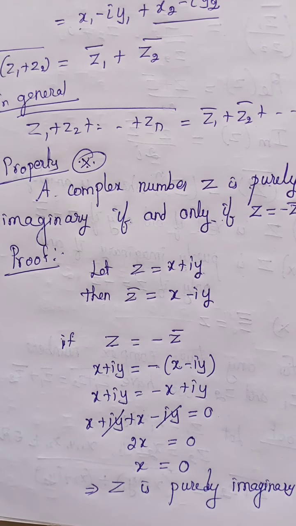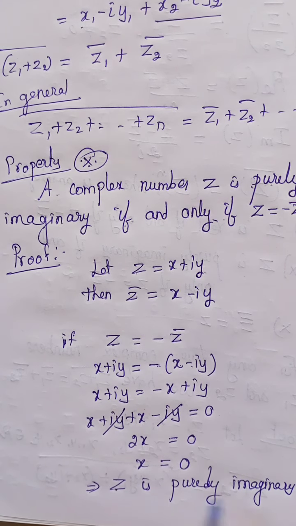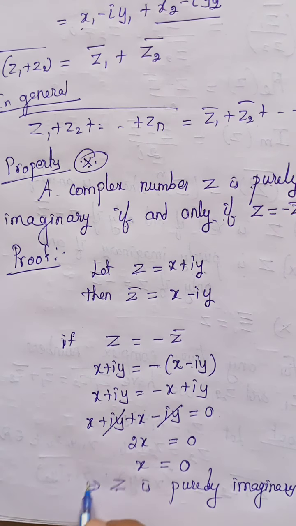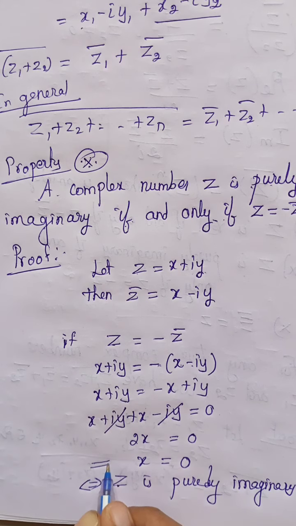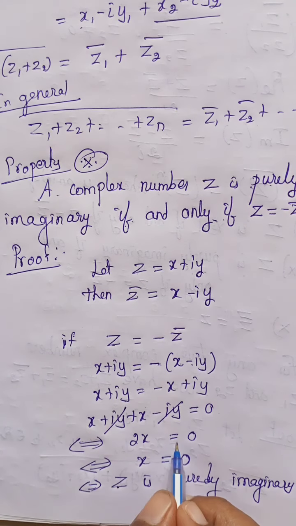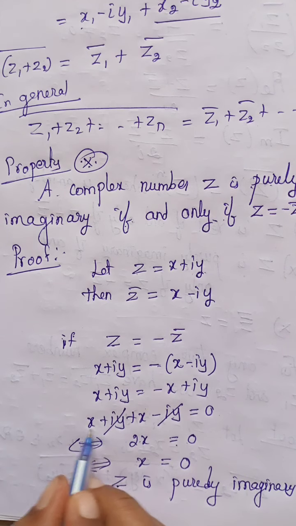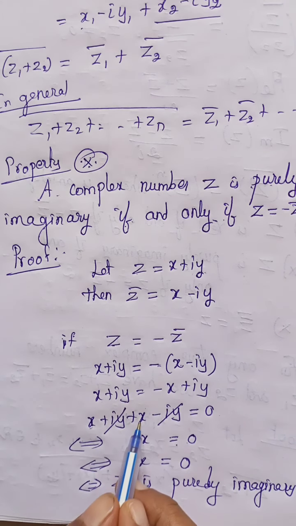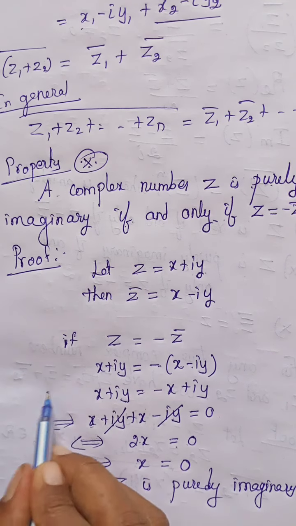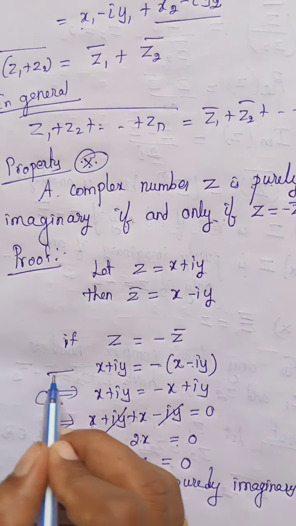Now in the reverse part, if z is purely imaginary, it means we only have the imaginary part, that means x is equal to 0, isn't it? So x equal to 0 implies 2x also equal to 0. When 2x equals 0, I can take the iy term to the right hand side.